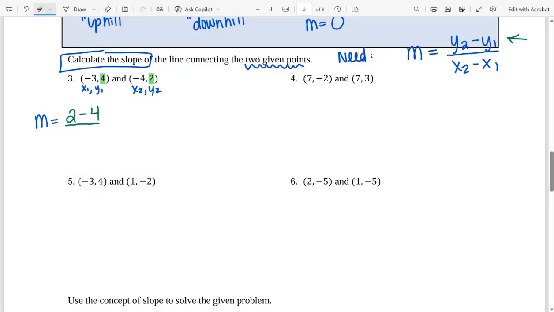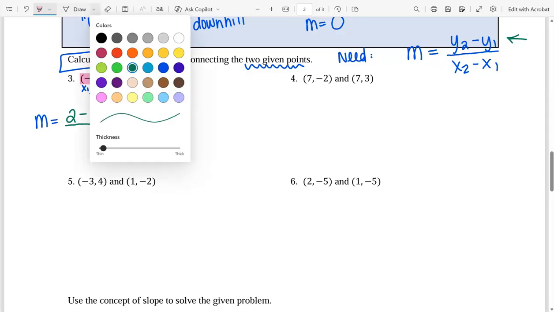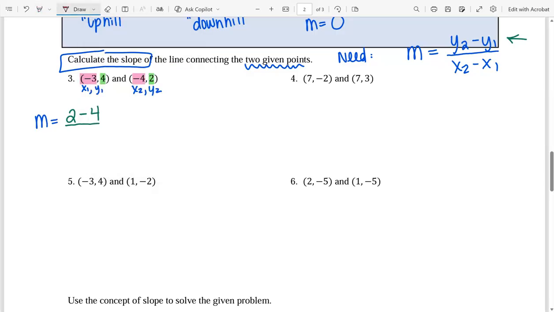Then x2 minus x1. Make sure you keep it in the same order. Since we started with 2 in the y's, I need to start with its partner, the -4, when I deal with the x's. So I have -4. The formula says subtract. And then I'm subtracting a -3.